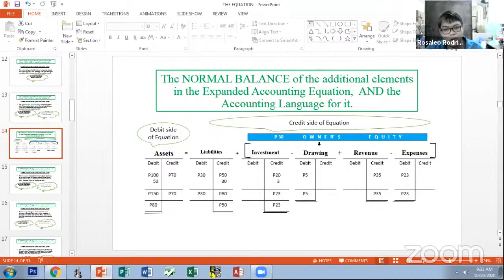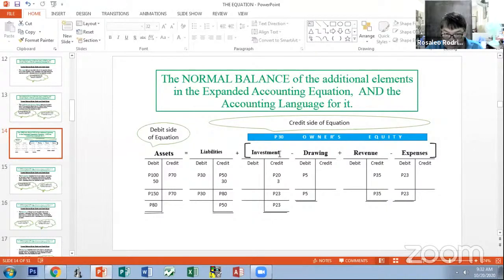By such withdrawal or drawing transaction for personal use, he will take away money or assets from the business for his personal use. So that's why it's a deduction, a subtraction here. And being a deduction from the normal credit balances, the normal balance of a drawing must be debit.